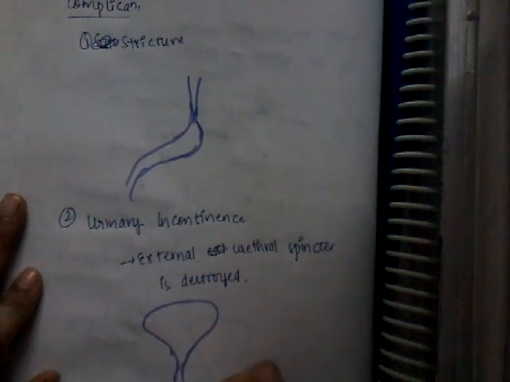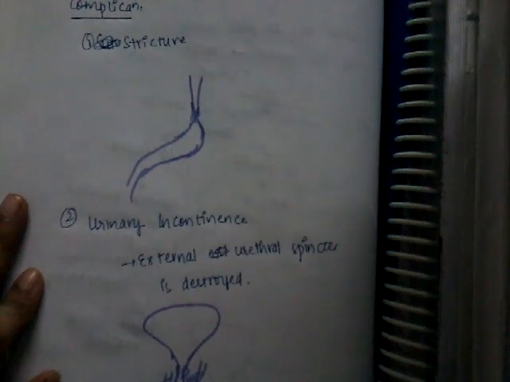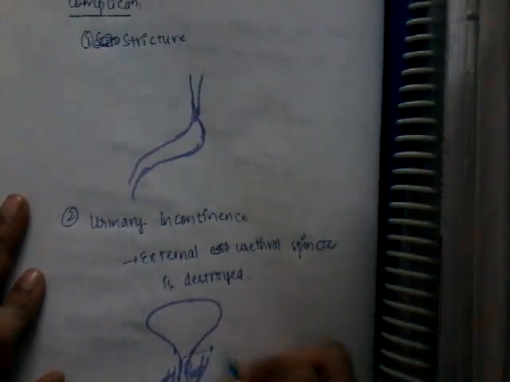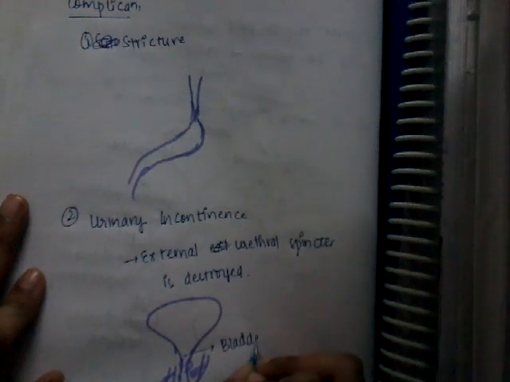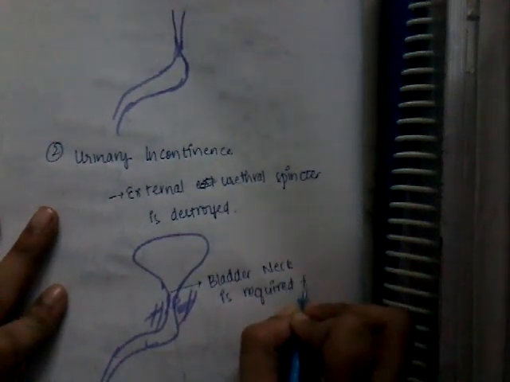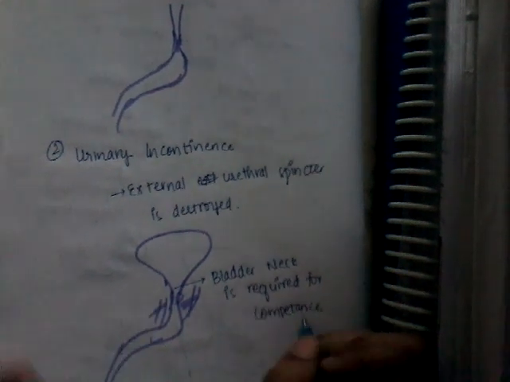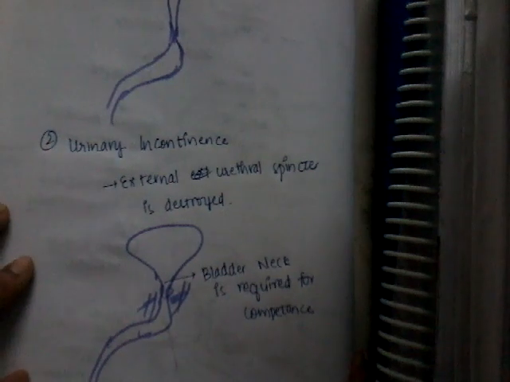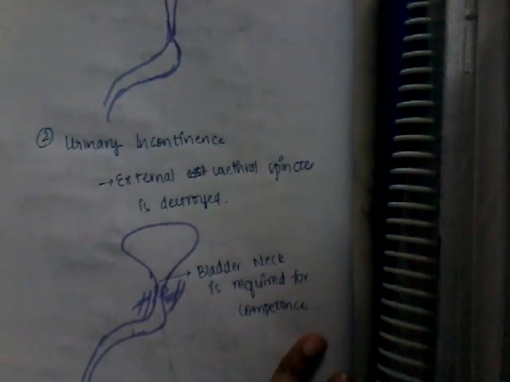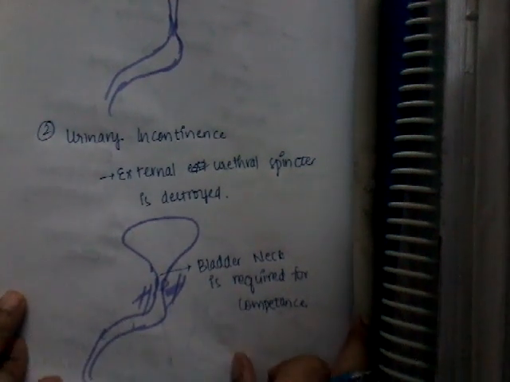Once this is destroyed, the bladder neck is required for competence. Whenever there is prostatic hyperplasia and we do prostatectomy, this bladder neck may become incompetent again. So that is urinary incontinence.